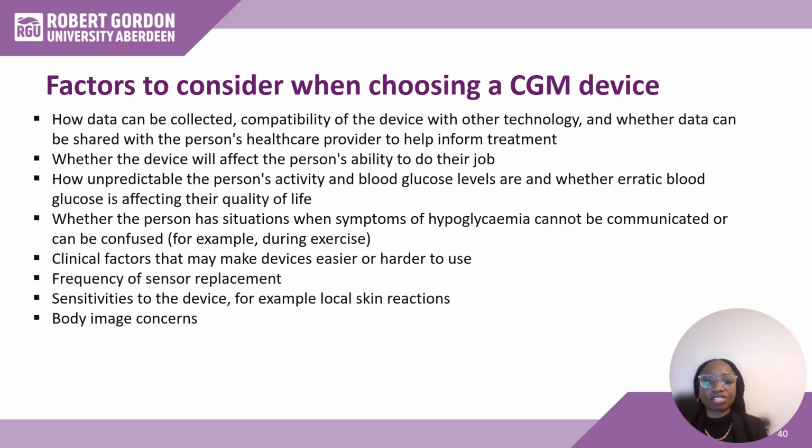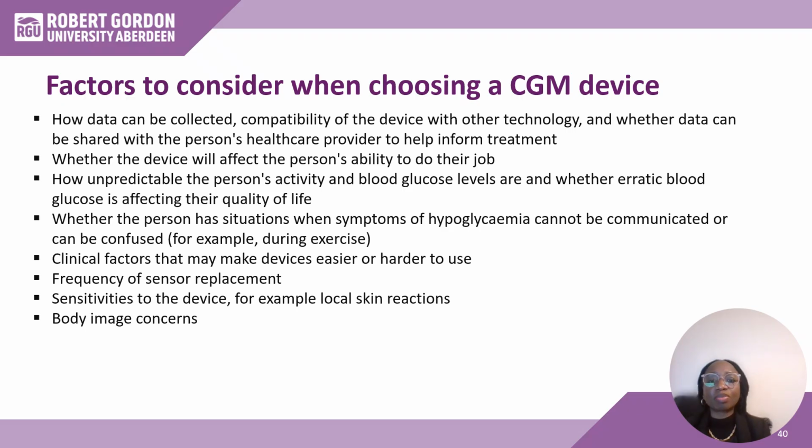Also other factors to consider: how is that data collected, how compatible it is to other technology, and should it be shared with the healthcare professional to help inform treatment, whether the device will affect the person's ability to do their job. So some of them are quite, I think you may have seen them, and I have a video showing those.